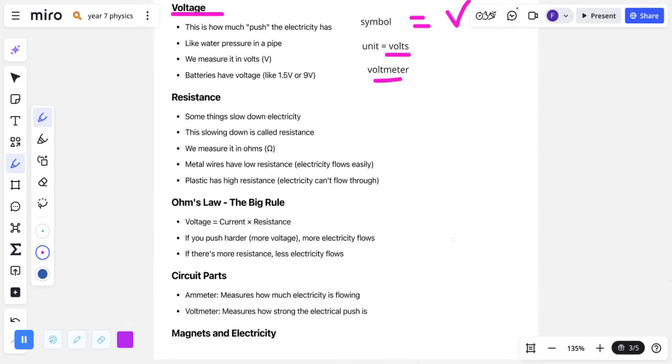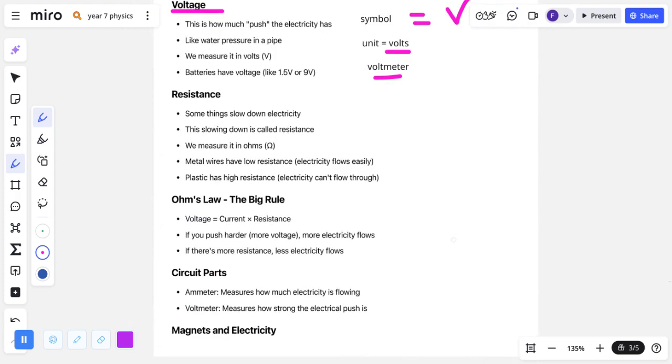Okay, now, the three things you need to know: voltage, current, and resistance are the most basic part of circuits. Resistance is things that slow down electricity. And we call it resistance. You measure it in ohms.